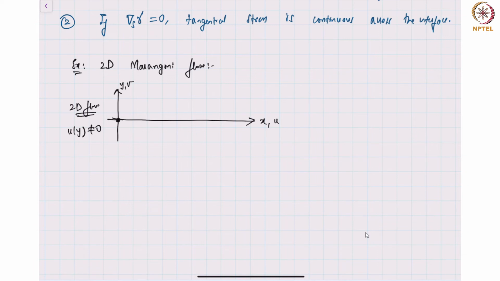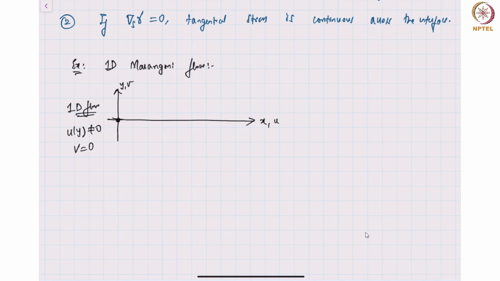Sorry, it's a simple 1D flow, meaning there's only one component of velocity and v is identically 0. Now we'll consider a situation where gamma is actually varying in space.